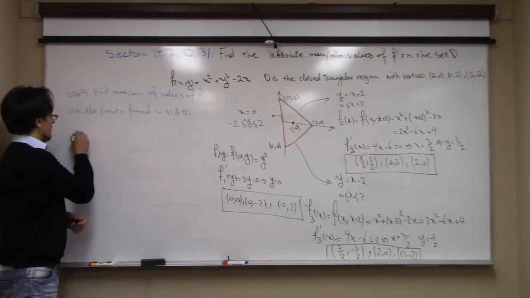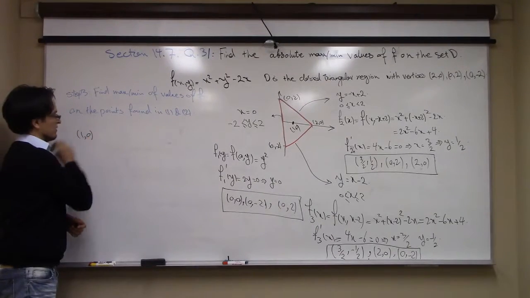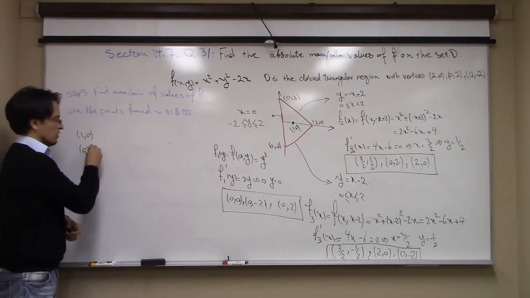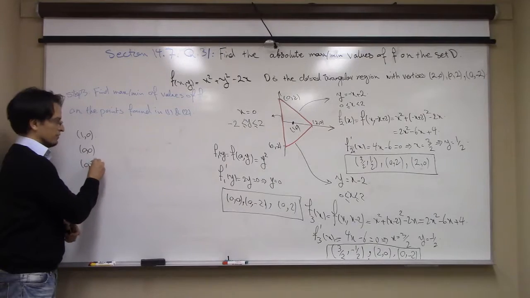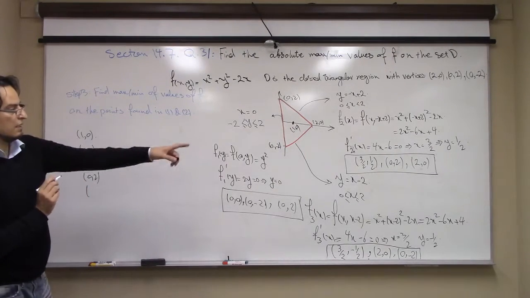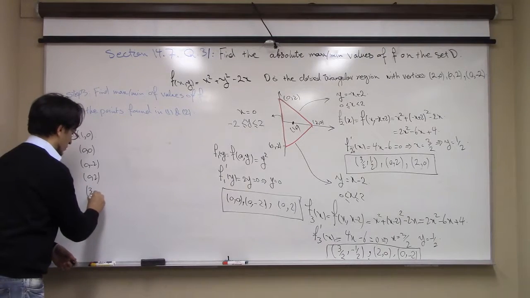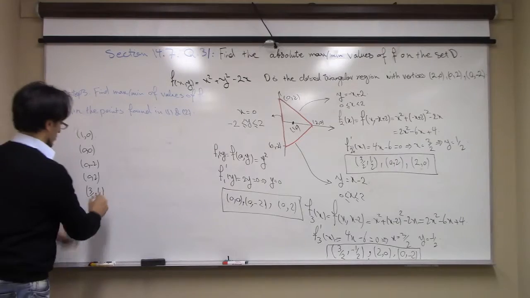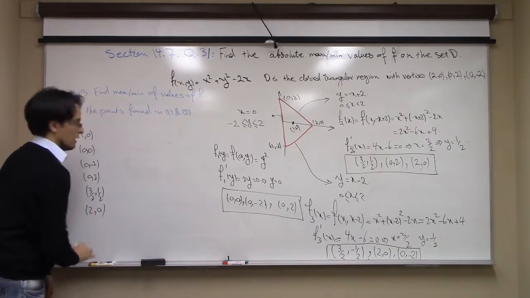So I have (1, 0), that was a critical point. Then (0, 0), (0, negative 2), (0, 2). Then (3 over 2, 1 half). (0, 2) is already there, so the next point is (2, 0).